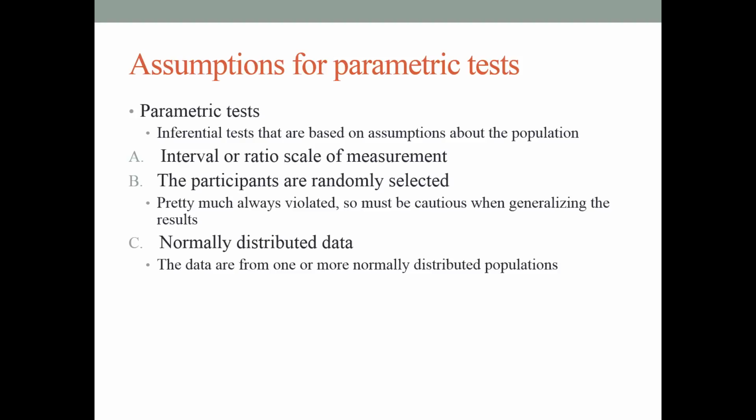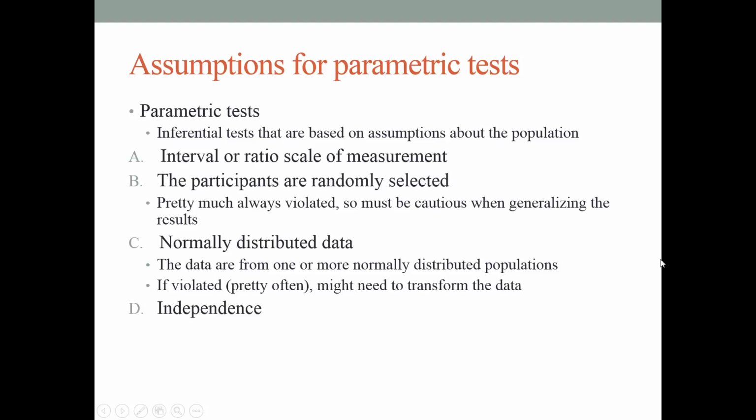That means the data come from one or more normally distributed populations. Now, this assumption is quite often violated, but it's not really a huge deal. We usually just go ahead and analyze the data. And if it is really, really bad, really, really skewed, then we can transform the data. But you don't have to worry about this. This is just so you know.